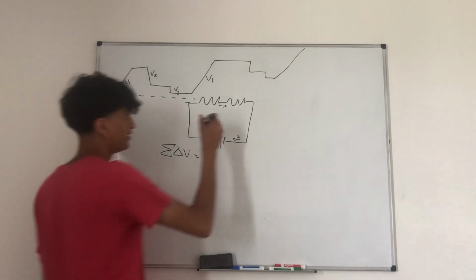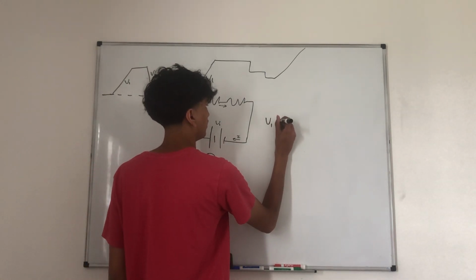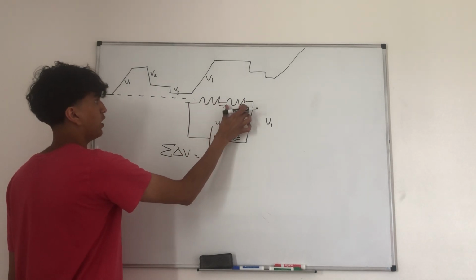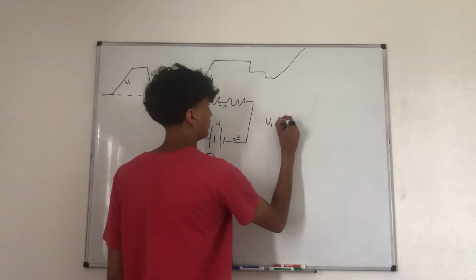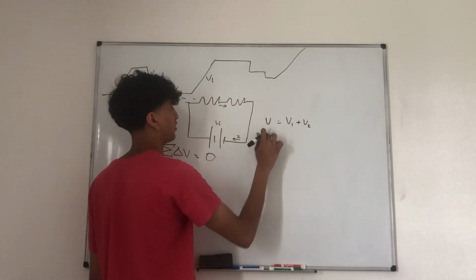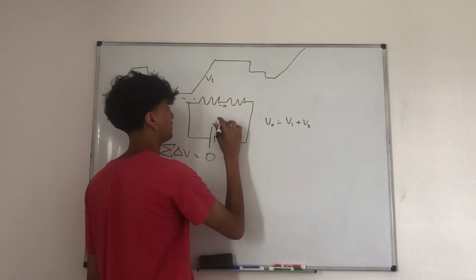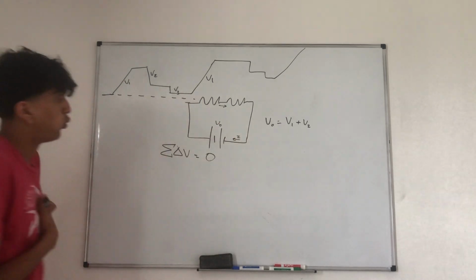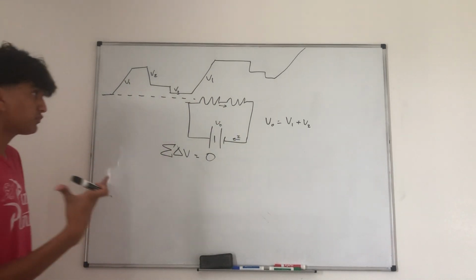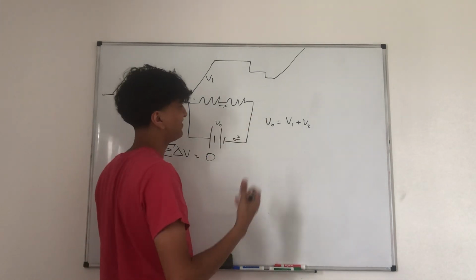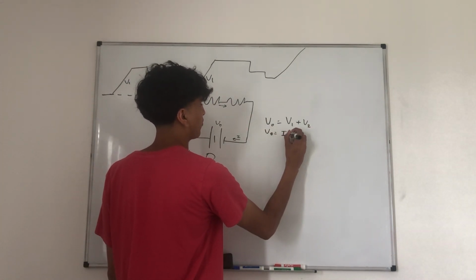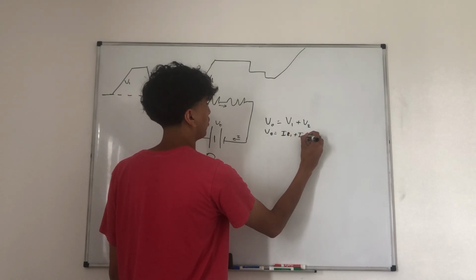So what that means is V1 has to equal the voltage across these two resistors. Actually, not V1, I'll say V initial. What that essentially means is, we can also replace the voltages with I R1 plus I R2.